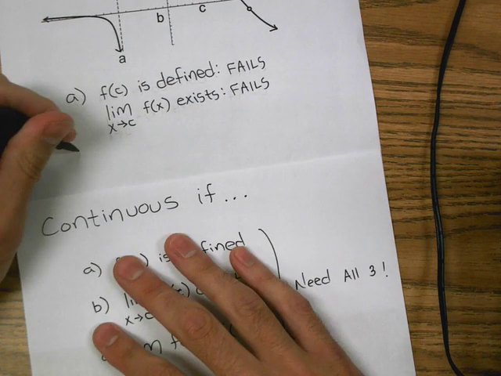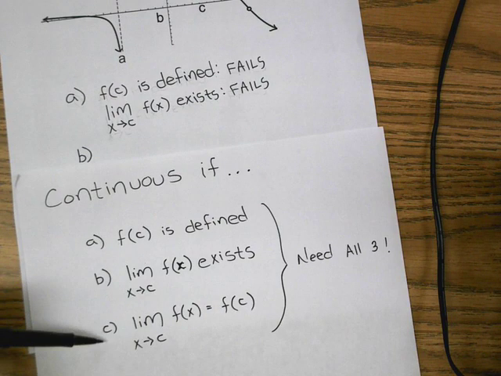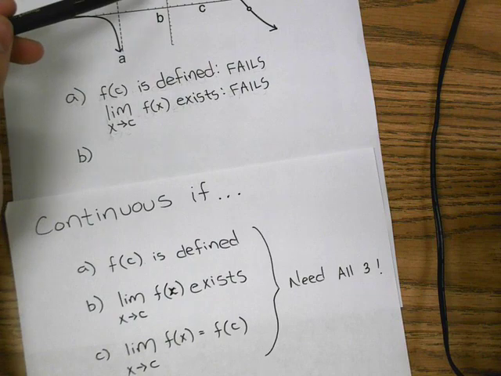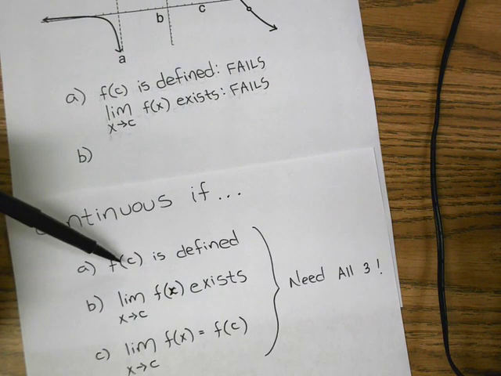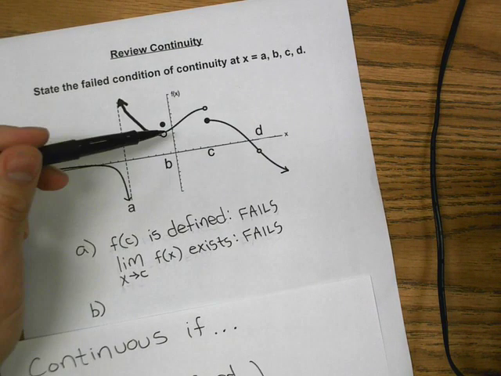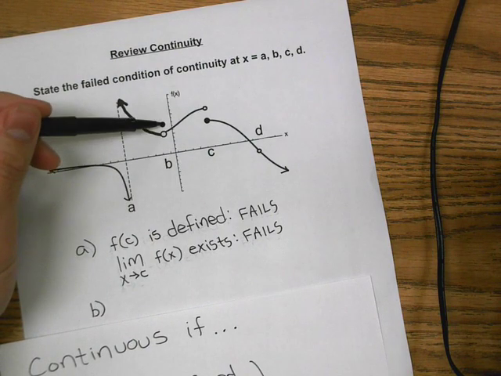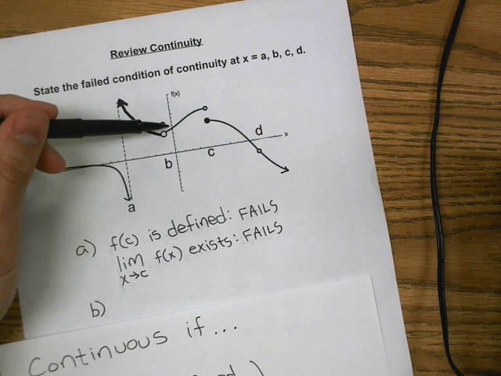Let's try point B. Again, we're looking at our three conditions down here. We must meet all three of these. So at point B, is the function defined? Well, at point B, it actually is defined. We have a closed circle here, and so that's your output at that point.